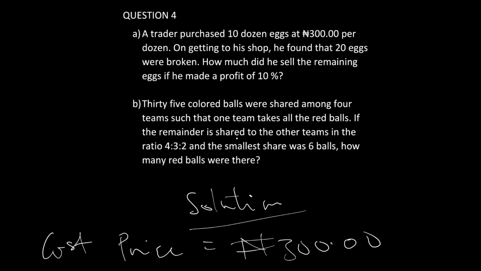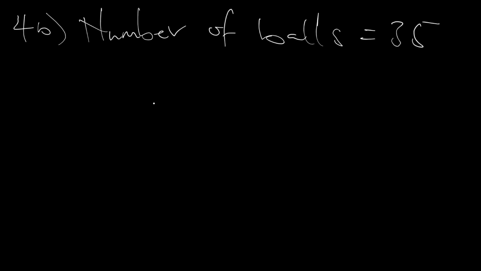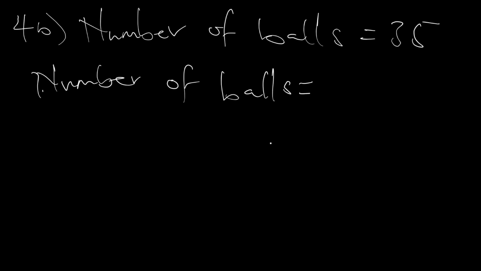The remainder of the balls is shared to the other teams in the ratio 4:3:2. So when all the red balls are taken, the number of balls left will be equal to the total number of balls, which is 35, minus the number of red balls, which we don't know. So let's represent by R.